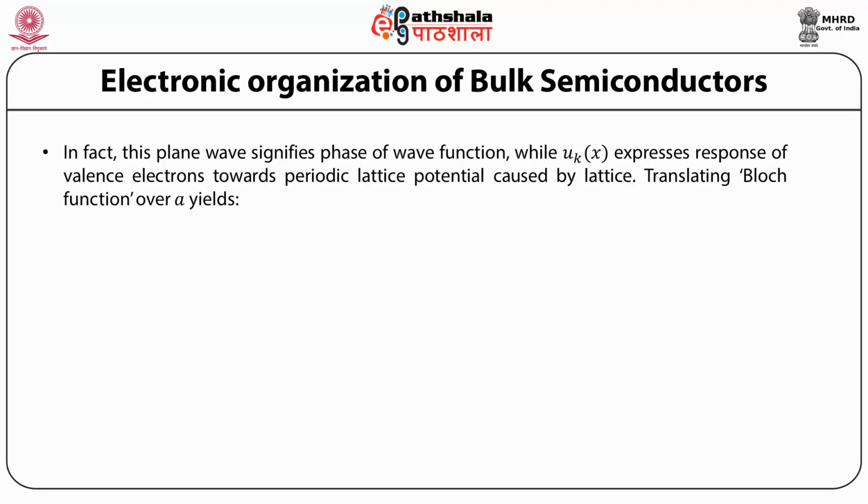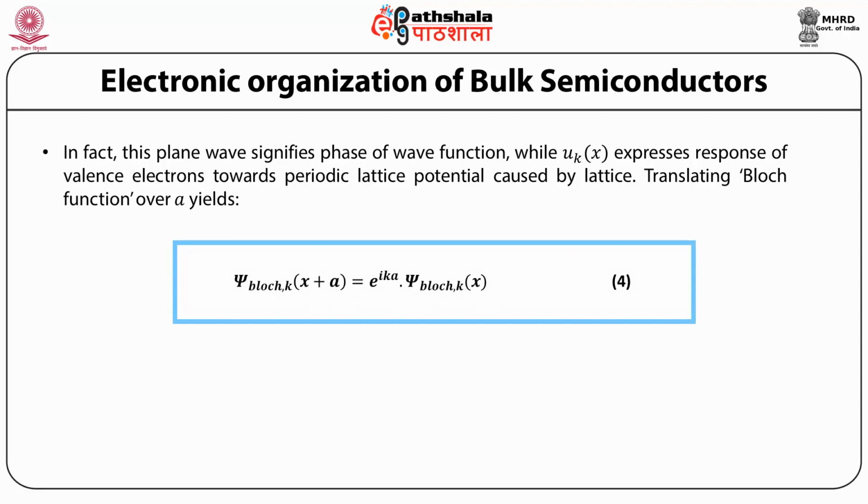So translating the Bloch function over A yields psi Bloch k as a function of x plus A equal to e to the power iota kA psi Bloch k as a function of x.